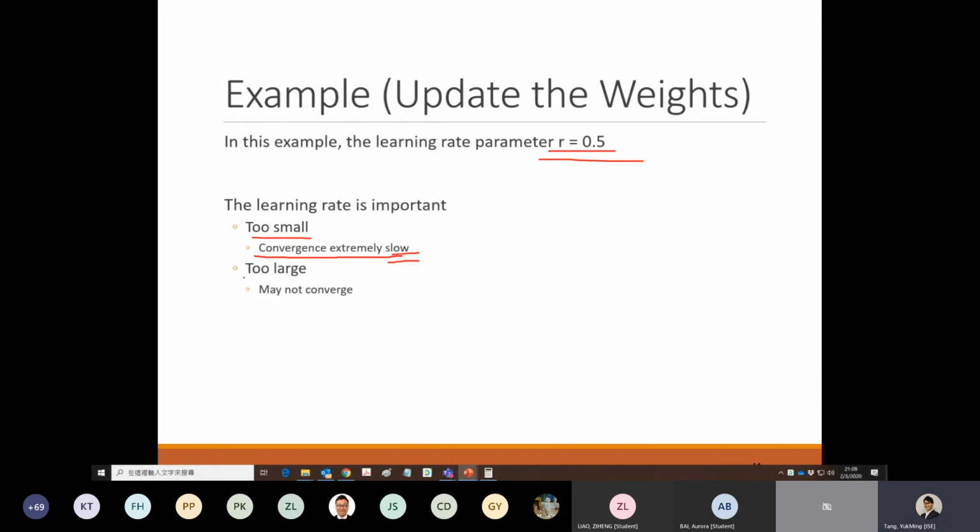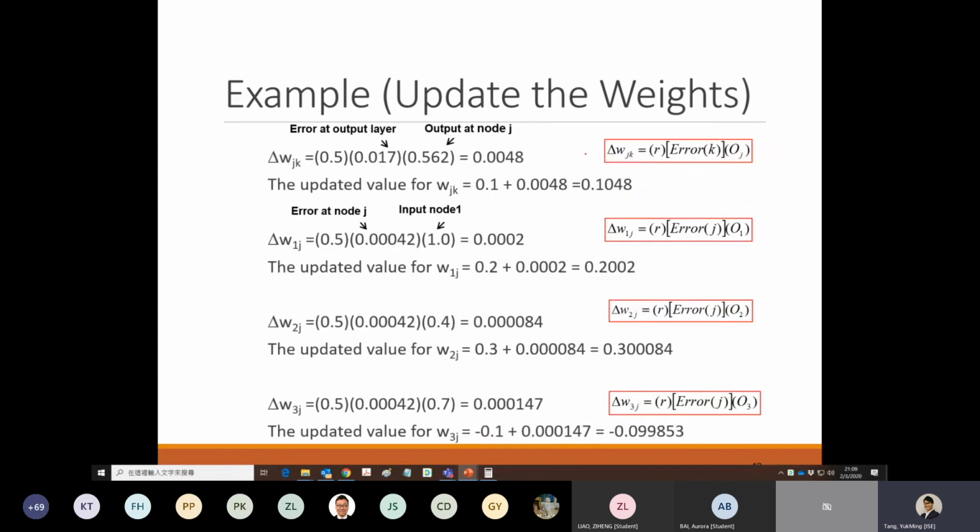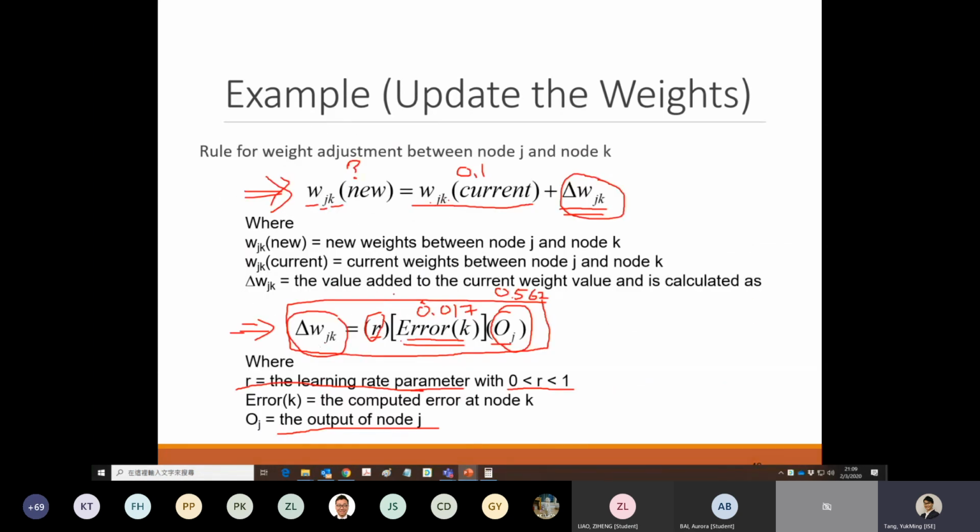If the value is too large, it may not converge to an accurate value, so it is very difficult to select a correct learning rate. Usually we use R equal to 0.5. So you substitute 0.5 into this equation. Now, what is delta Wjk? Delta Wjk is equal to 0.5 times 0.017 times 0.562.